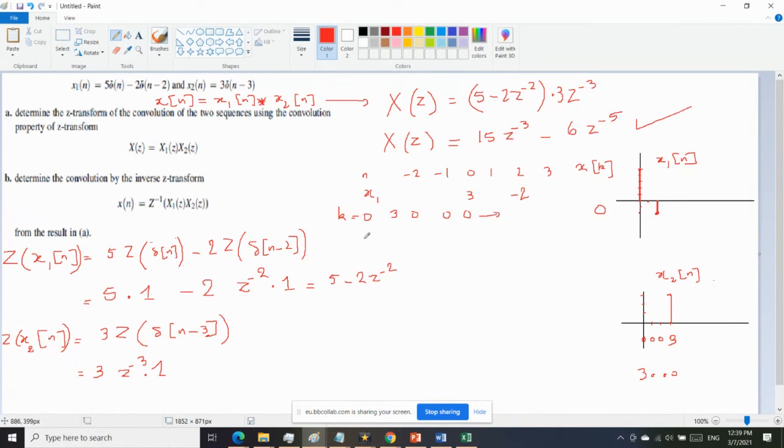So now at k is 1 it's going to move here, sorry, again 0. It keeps moving, again 0. At 3 it's going to move here, so it will be 9.